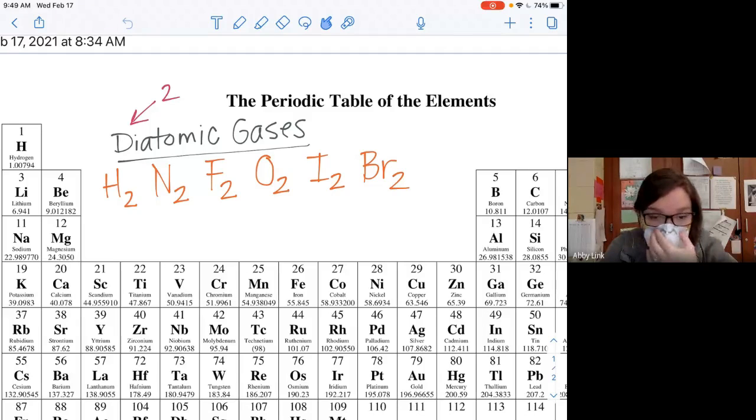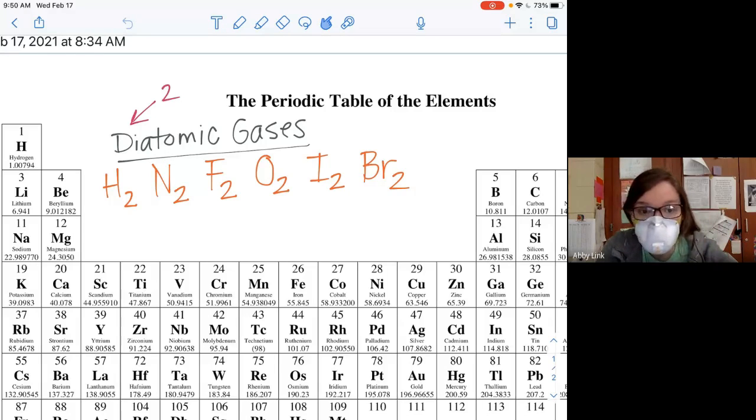Okay, we've actually alluded to one of these diatomic gases before. We've alluded to the oxygen, the O2. All right, so that air that we're breathing in consists of O2, oxygen gas. It does not consist of just oxygen, single oxygen atoms together.